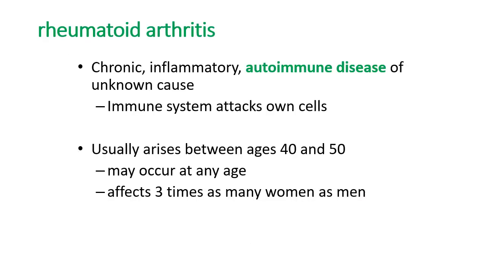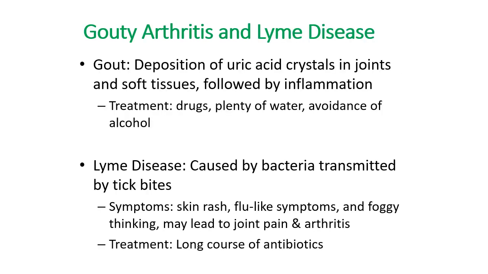Rheumatoid arthritis usually occurs later in life. Rheumatoid arthritis is an autoimmune disease, so your body makes antibodies that attack the joints, and not only attack, but also deform the joints. So, briefly talked about gout.